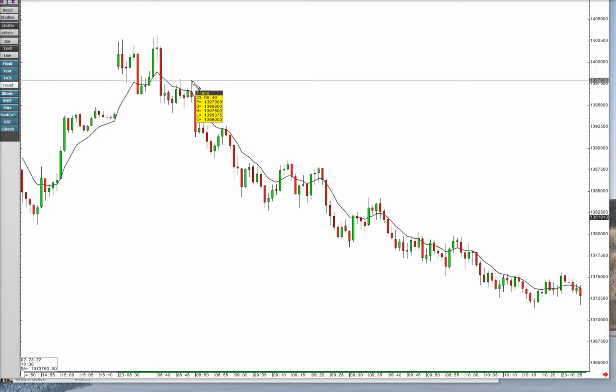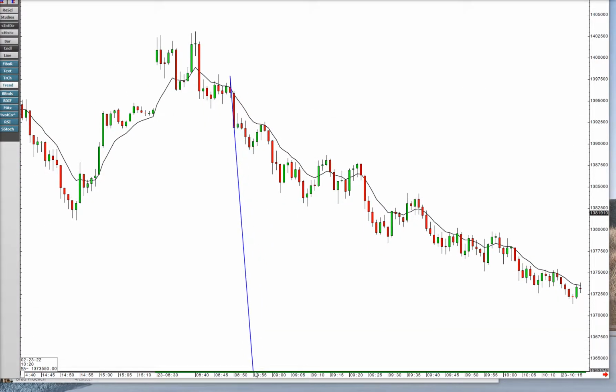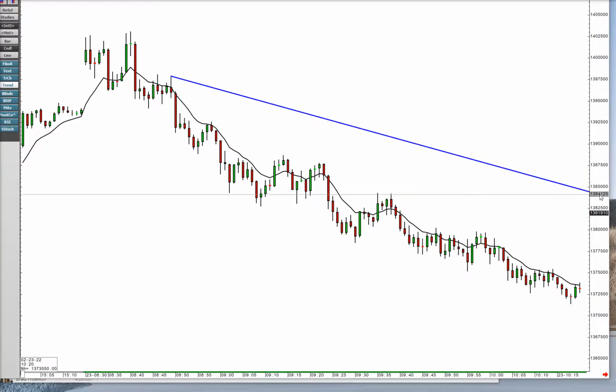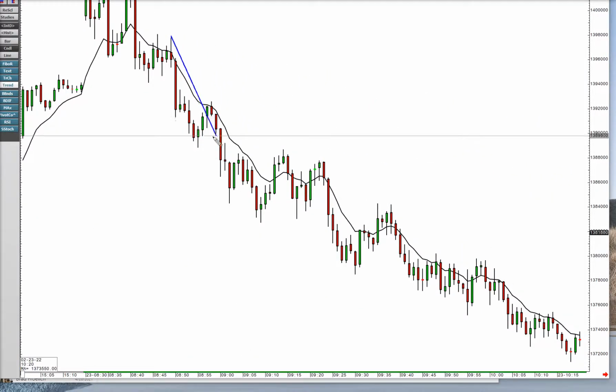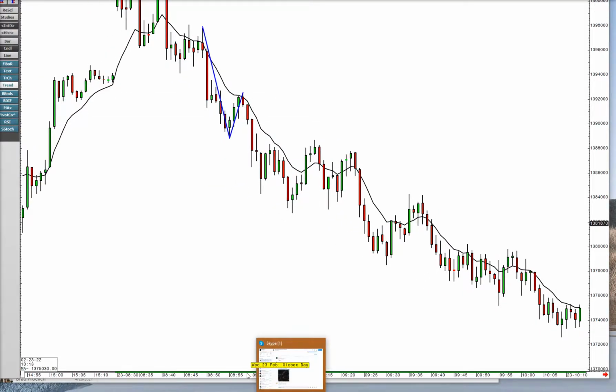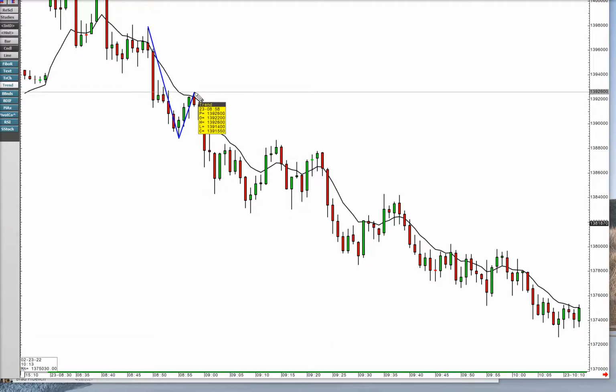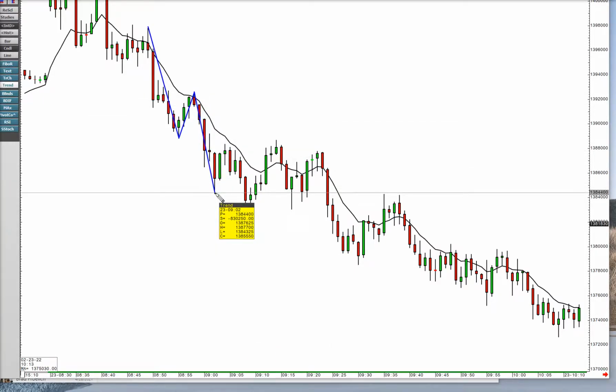So starting here, I'll draw in the swings, and again, I'm doing this a little faster because I've done this before. Basically a higher high and a higher low is an up bar, a lower high and a lower low is a down bar, and both the inside and the outside bar take the label of the previous bar.